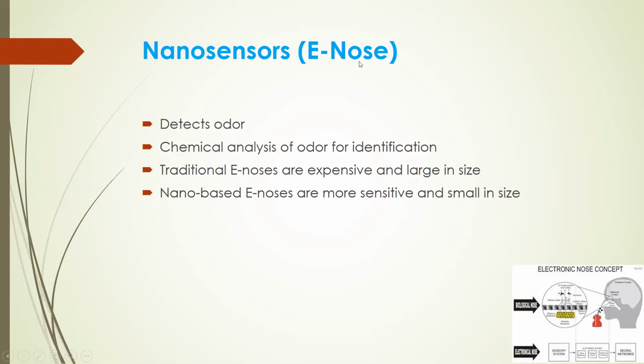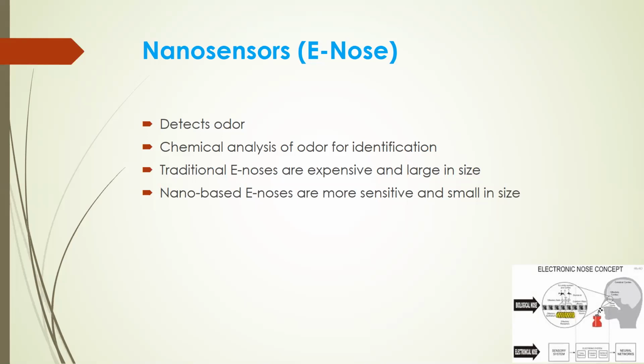This electronic nose is able to detect a very small amount of odor in large food lots, even 1 part in a trillion parts. So this is the huge sensitivity associated with nanosensors.